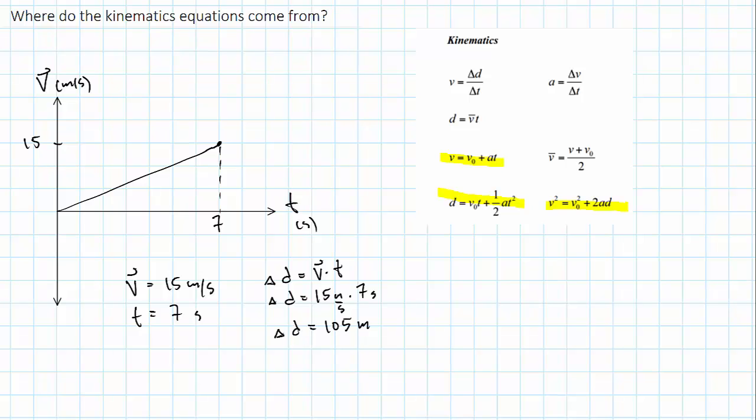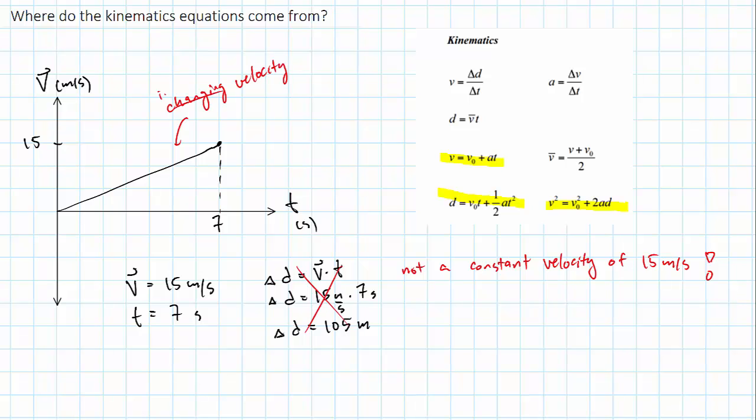But is this right? Does that actually make sense? It actually doesn't work because it's not a constant velocity of 15 meters per second. Really, the velocity is changing, or more accurately, we could say it's increasing. It's accelerating from rest up to a speed of 15 meters per second, and we know that the slope of this line is the acceleration, delta v over delta t.